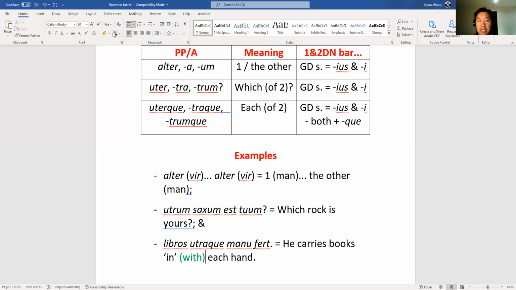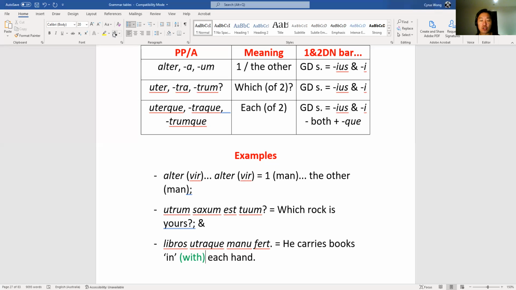So generally, if you've seen these sorts of adjectives before, these forms, just to recap, alter, the masculine anyway, declines like puer. And the feminine and neuter and masculine do not drop the letter e.